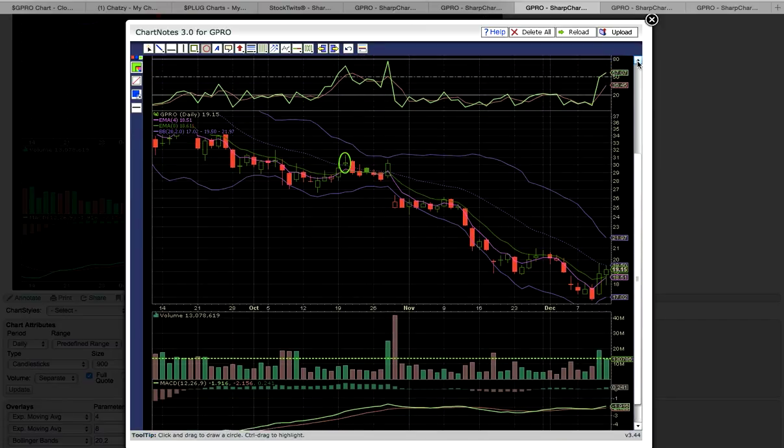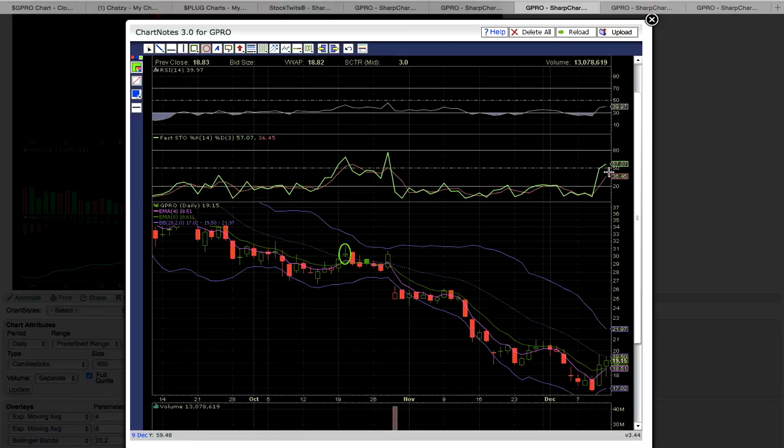As you can see now, the Fast Stochastic closed right here at 57.07, so it's in the 50 to 80 bull zone, and then RSI is up here above the oversold line. 30 is oversold on RSI, and now RSI is at its highest level in a few weeks, so RSI is building strength.